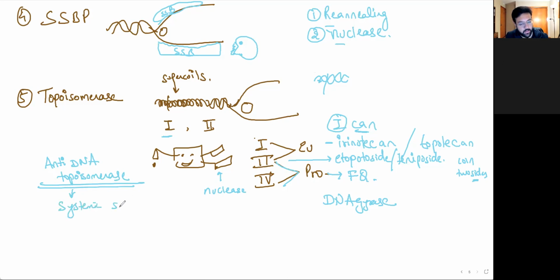Systemic sclerosis, or scleroderma, which also has an antibody called SCL70. Wonderful. We have limited scleroderma and diffuse scleroderma. So this is systemic sclerosis, and we have anti-DNA topoisomerase antibodies in that, or also SCL70 antibodies. So that's about your DNA topoisomerase.